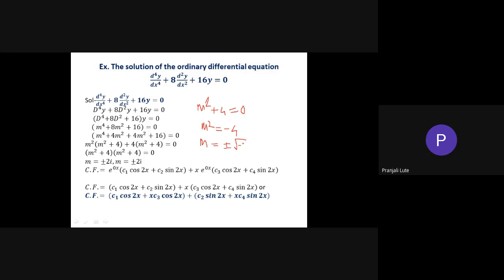Under root of minus 1 is i, and under root of 4 is 2. So m square plus 4 equals 0 gives m equal to plus minus 2i.